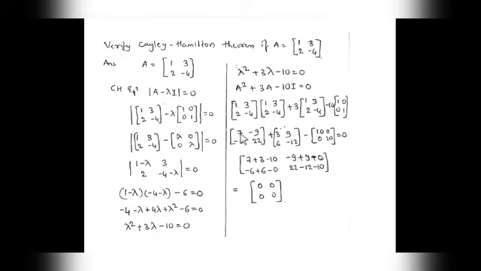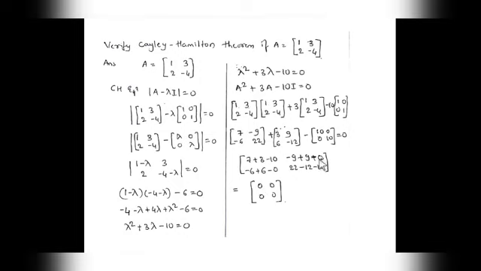Now I'll add and subtract the corresponding elements of these matrices. 7 plus 3 minus 10, minus 9 plus 9 minus 0, minus 6 plus 6 minus 0, 22 minus 12 minus 10. 7 plus 3 is 10, 10 minus 10 is 0.